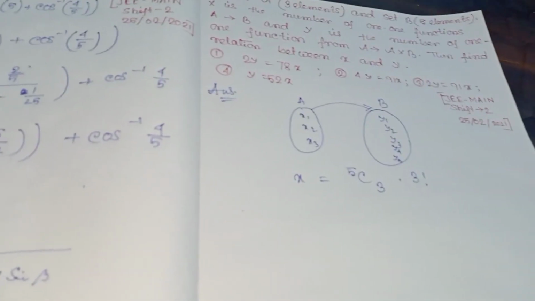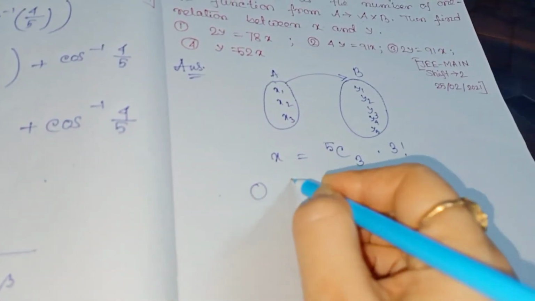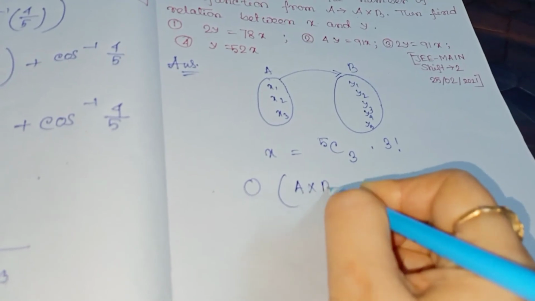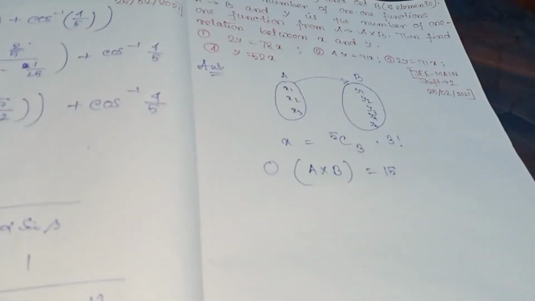Now A cross B has 15 elements. We know A cross B is equal to 15.